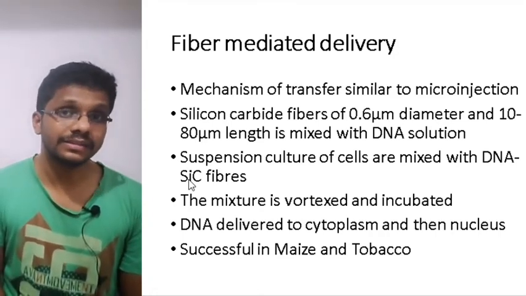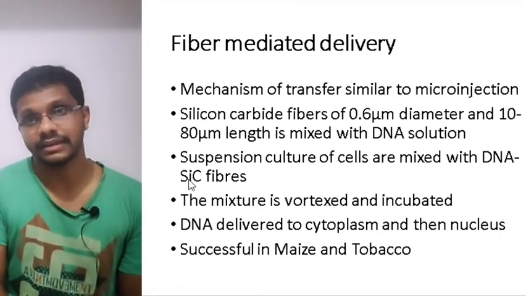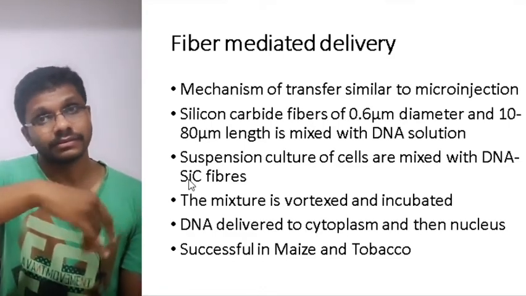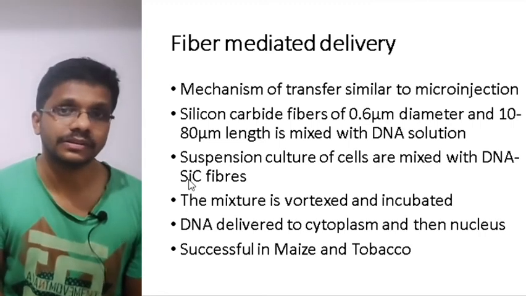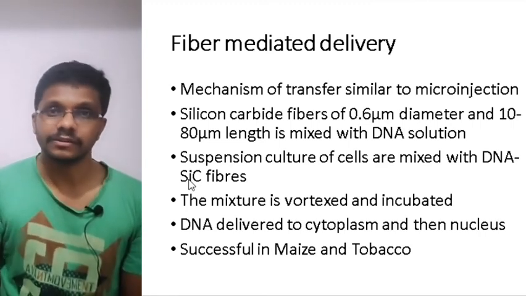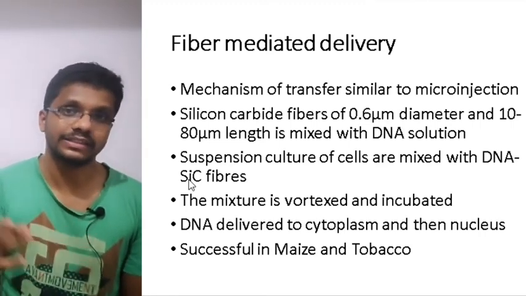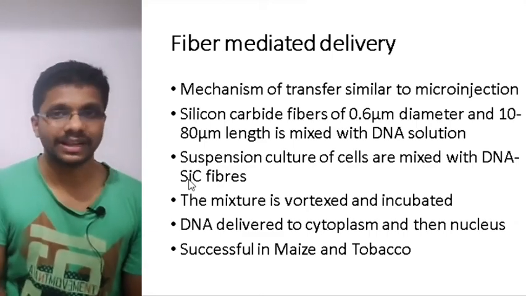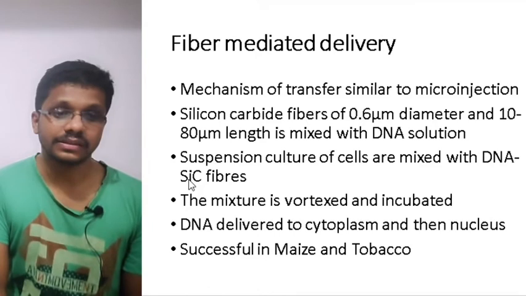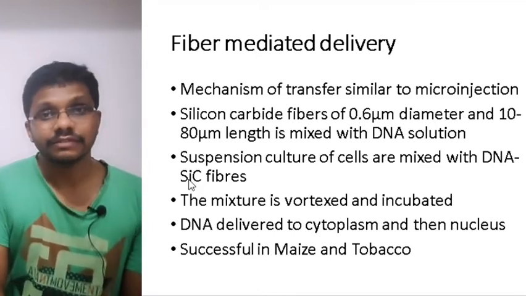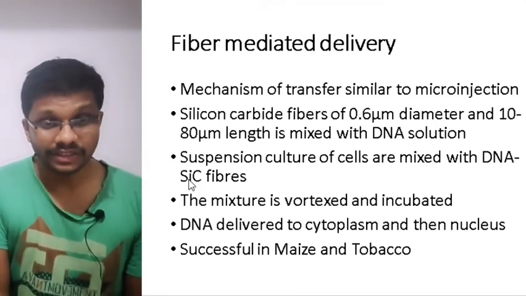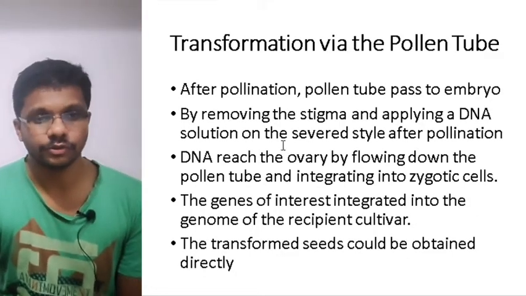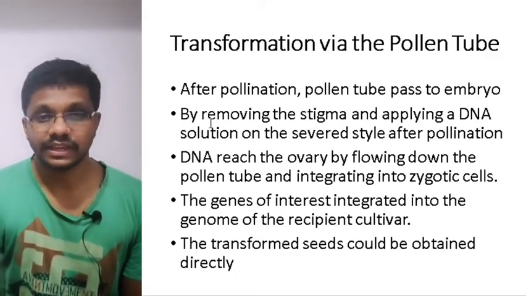Then we mix these DNA silicon capillaries with the cells. While we are mixing, they make random holes in the cell membrane, and due to capillary action, they can inject the DNA into the nucleus of the plant cell. This method is crude compared to microinjection, but it works for maize and tobacco. It is very easy to perform.